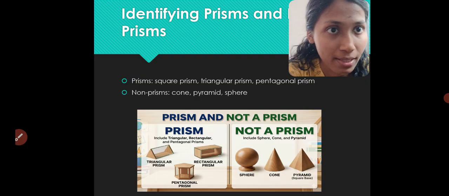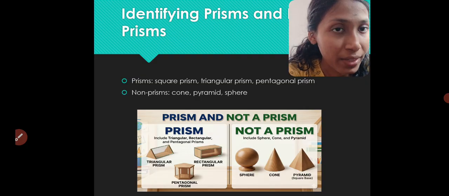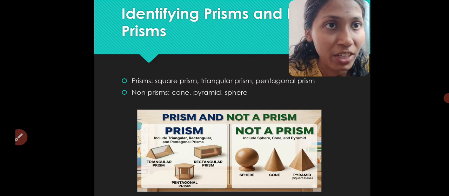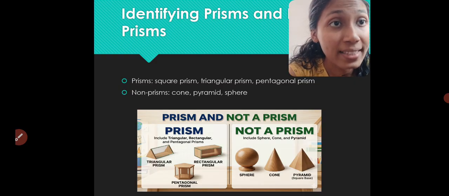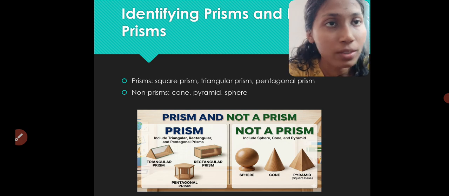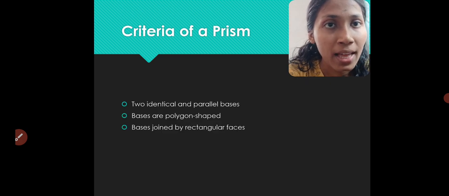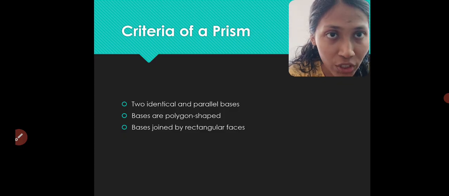So they become prisms. This is the criteria by which we categorize these things as prisms. The bases look alike, same size and shape, and are connected with straight edges. The identical bases are polygon shaped, and the bases are joined by rectangles.